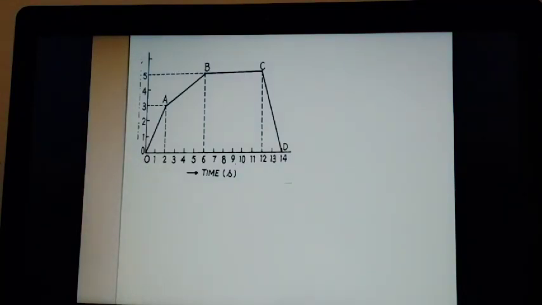Since slope refers to the velocity of that object, we can say that from O to A it travels with a velocity, from A to B it travels with another velocity, B to C with another velocity, and from C to D with another velocity. Which means if the position time graph has several lines of different slopes, then it travels with non-uniform velocity.